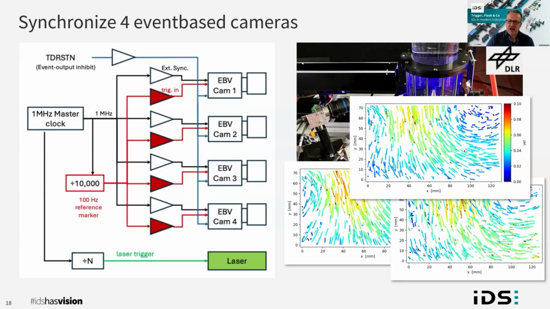And an additional hardware inhibit input allows all cameras to be started simultaneously, even if they are operated on different computers. Here, this was solved by a high-frequency pulse-width modulated signal with a 1 megahertz clock rate.